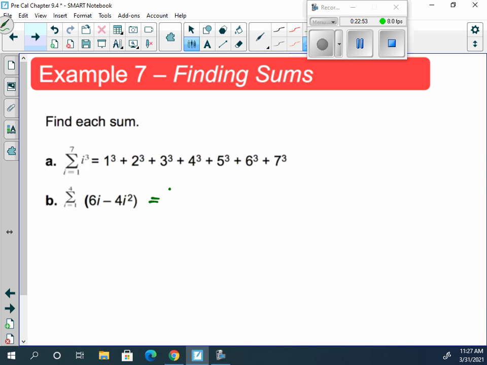Now, the way that we would do this by hand: we would do x equals 1 to 4, but because they're subtracted, we can rewrite this as the sum of x equals 1 to 4 of 6x minus the sum of x equals 1 to 4 of 4x squared.